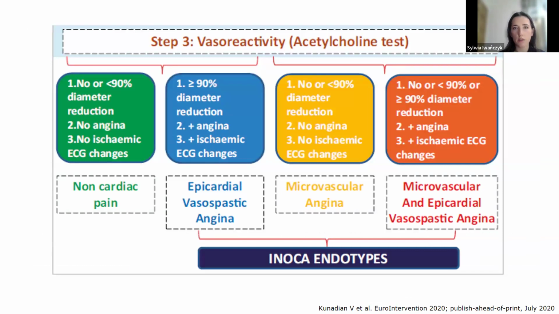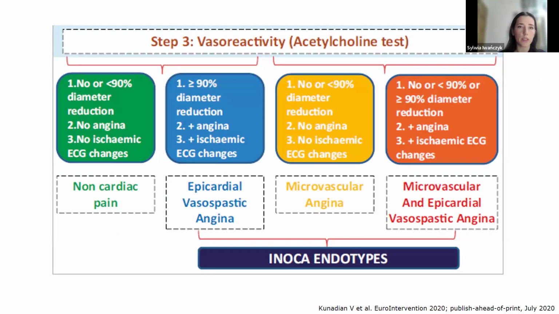Based on the results of this test, we can diagnose the patient. When we have a negative acetylcholine test and a negative adenosine test, we can say that the pain is not cardiac pain.